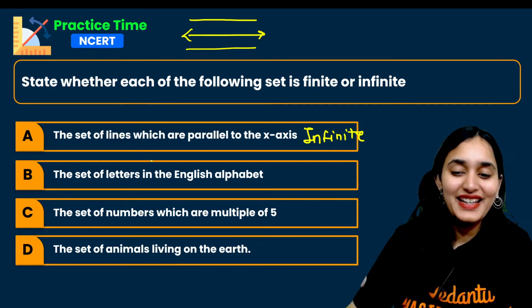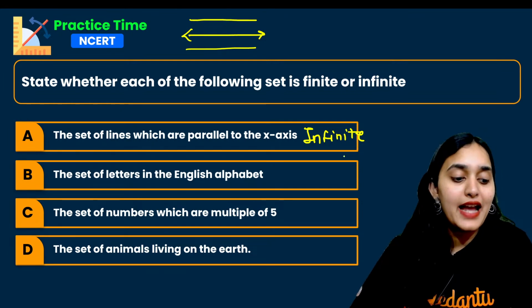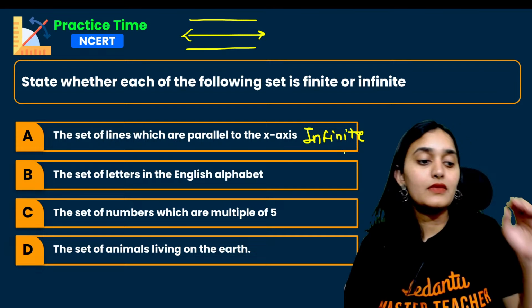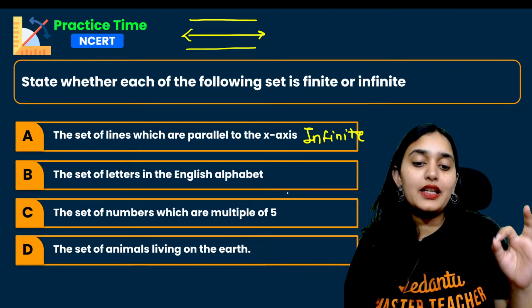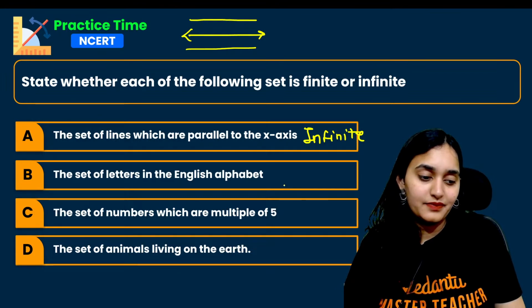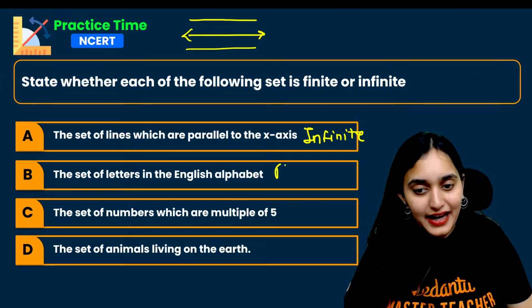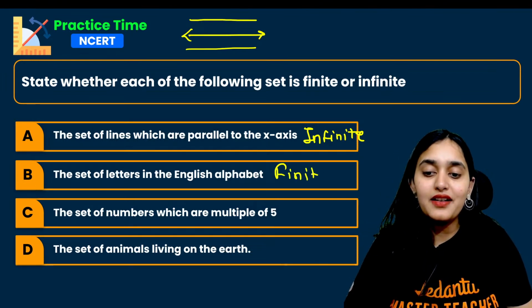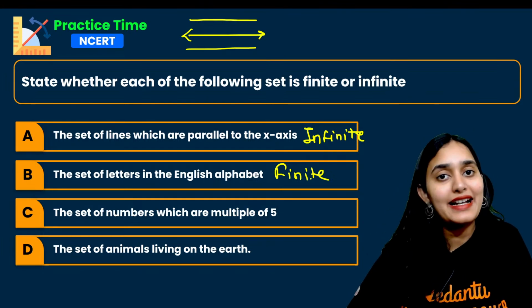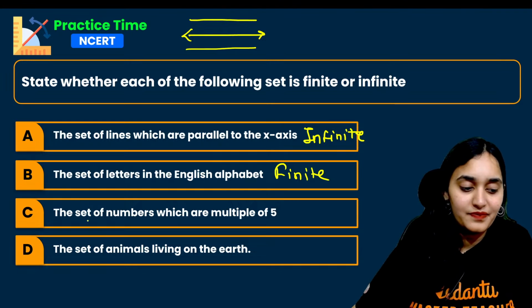Okay. Very good. Next, set of letters in the English alphabet. Finite or infinite? How many letters are there in the English alphabet? Finite, right? 26 letters, A, B, C, D till Z. So, finite.